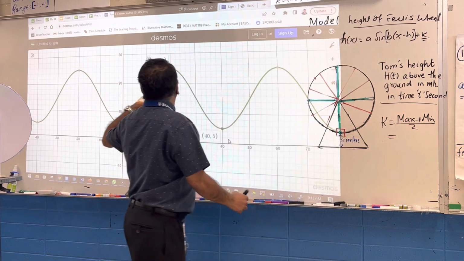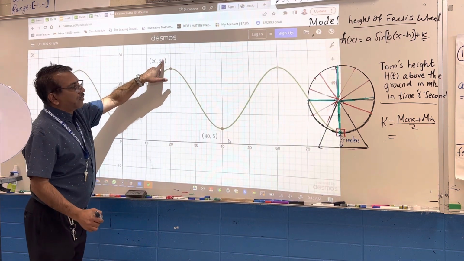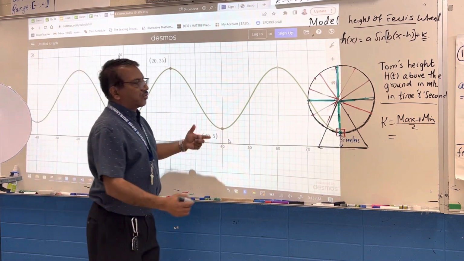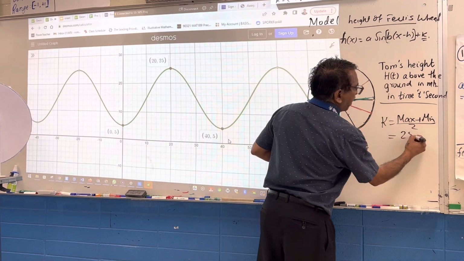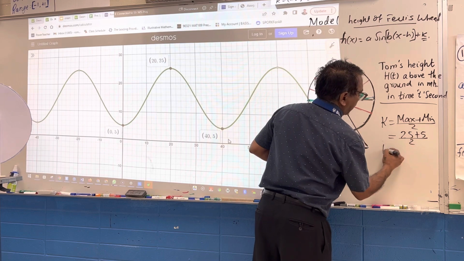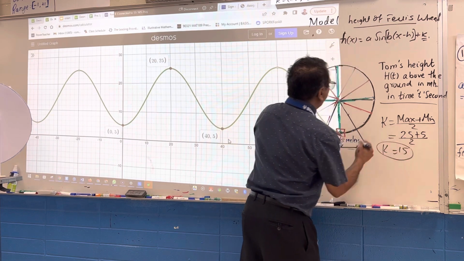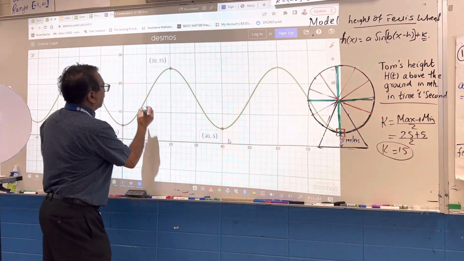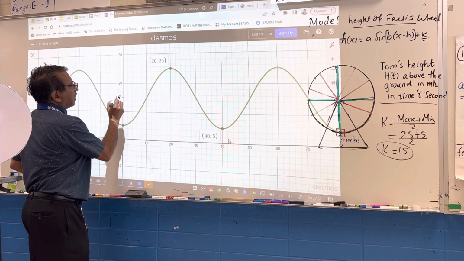The maximum goes up to 25, and the minimum is 5. So just do regular math: 25 plus 5 divided by 2, and k is 15. That means the midline, you can see this clearly, is 15 right here.